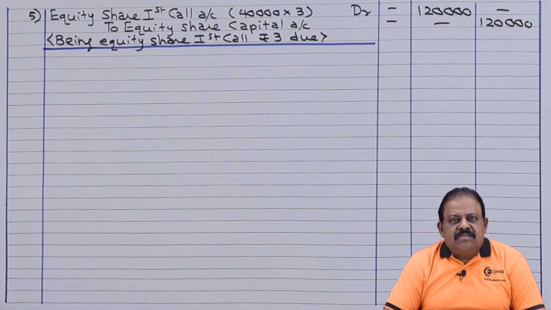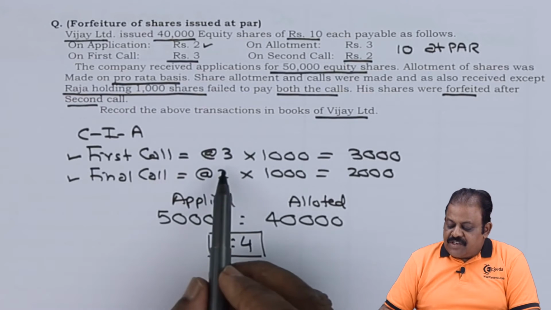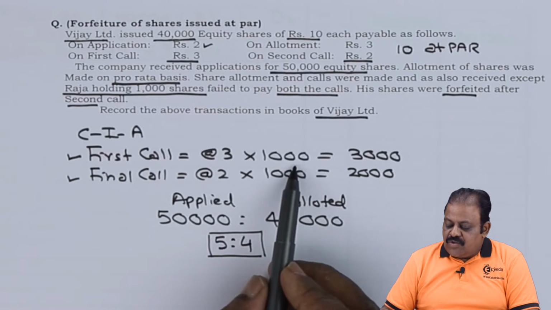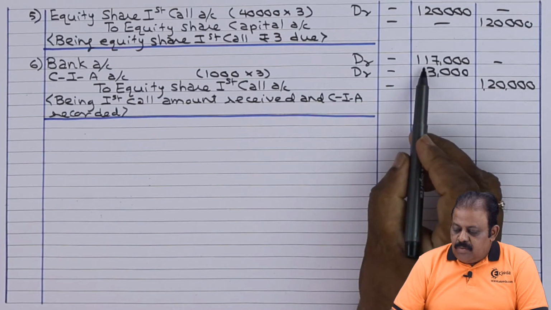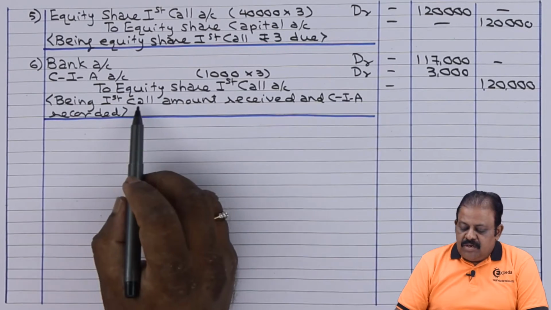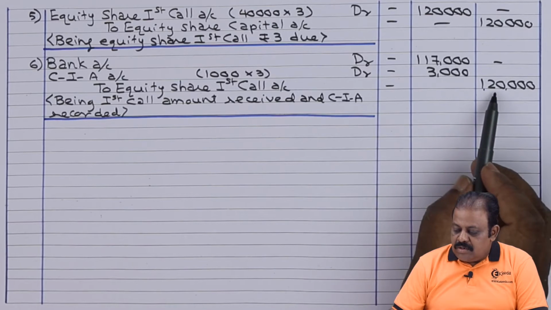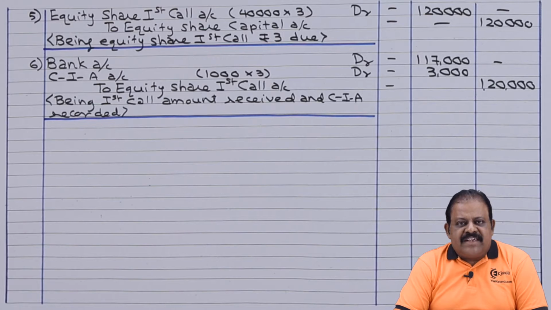All shareholders have paid the first call amount except Mr. Raja, who was holding 1,000 shares. He didn't pay the first call amount. We have calculated calls in arrears of Raja at the time of first call, 3 rupees per share on 1,000 shares, amount is 3,000. Bank account debit 1,17,000, calls in arrears account debit 3,000 to equity share first call account 1,20,000. Here we have completed the first call stage.